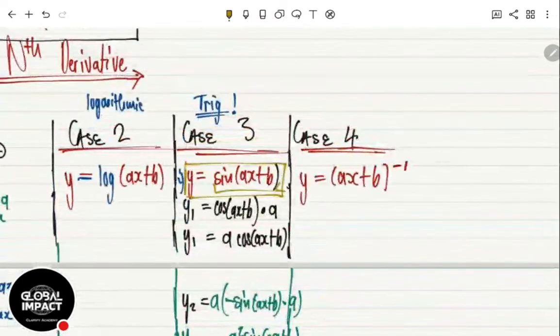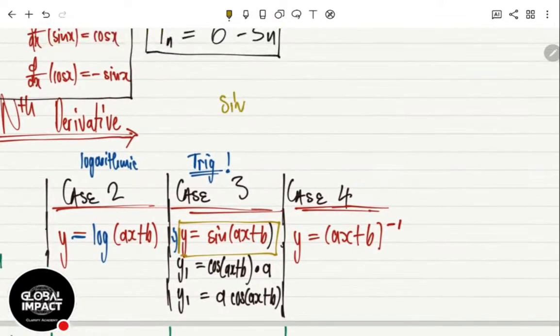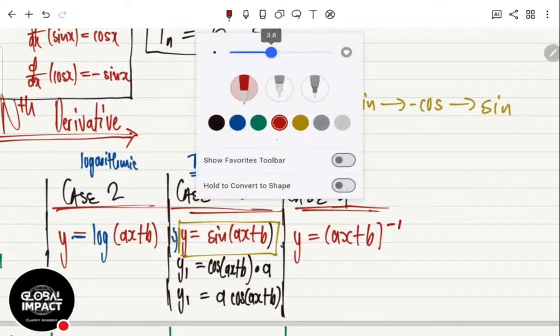So that means that if you differentiate sine, you are going to get cos. If you differentiate cos, you get negative sine. If you differentiate negative sine, you're going to get negative cos. If you differentiate negative cos, you're going to get positive sine of x. This is all of x. And you can see that you differentiated 4 times.